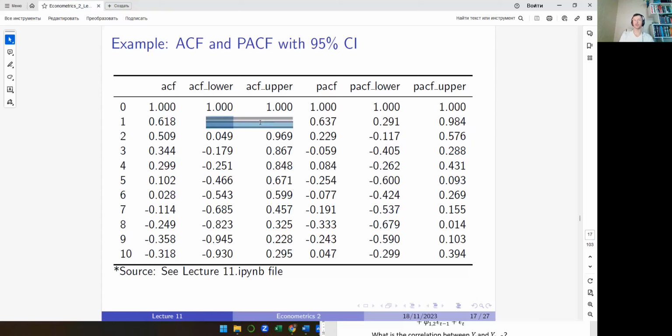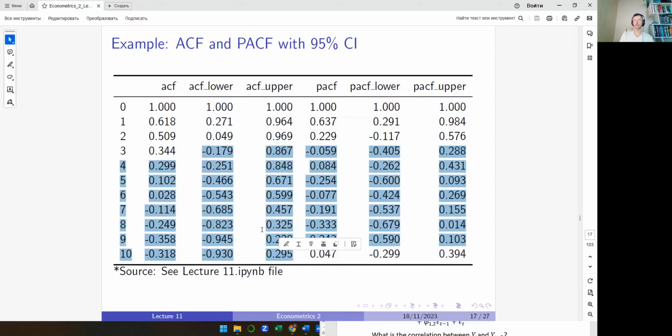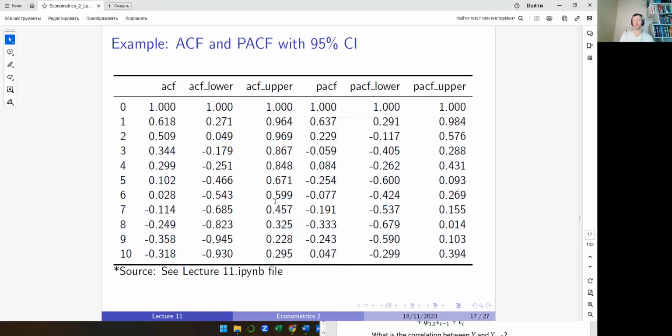You see that 0 does not belong to this, 0 does not belong to this. But every other interval includes 0. And if 0 is inside the confidence interval, then we cannot reject the hypothesis that the parameter is 0. Therefore, we concentrate on two lags for the ACF model.